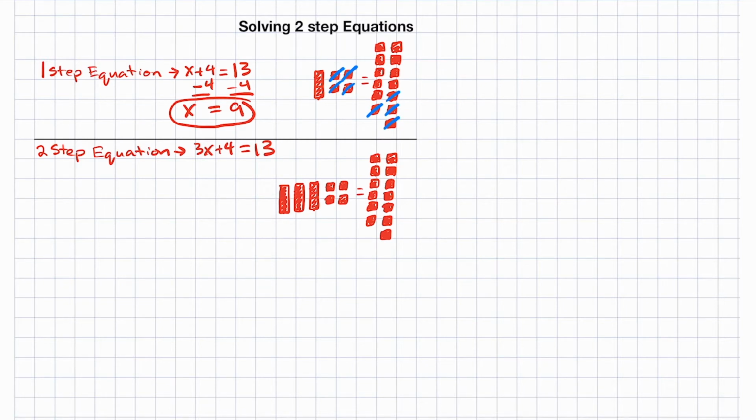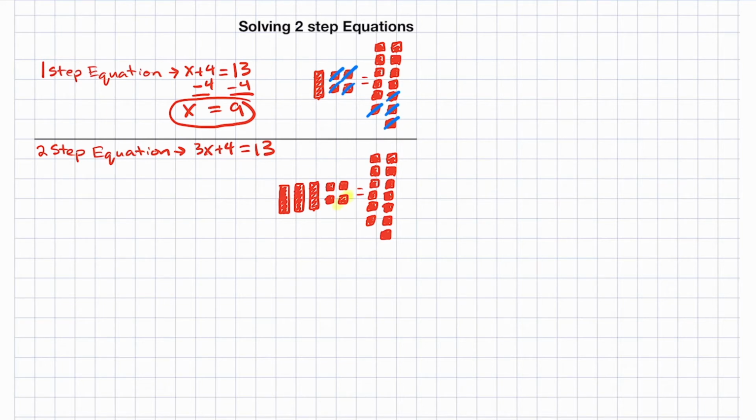Now, if we wanted to look at the bottom part, or the two-step equation, we could see we have two things we're going to have to do. If we want to get one x and isolate the variable, we have to deal with that plus 4 and the fact that we have 3 of these things. So we're going to think about which one we would do first. Now, we can't divide the left side by 3 because, I mean, we could, but we'd end up with a fraction of a piece.